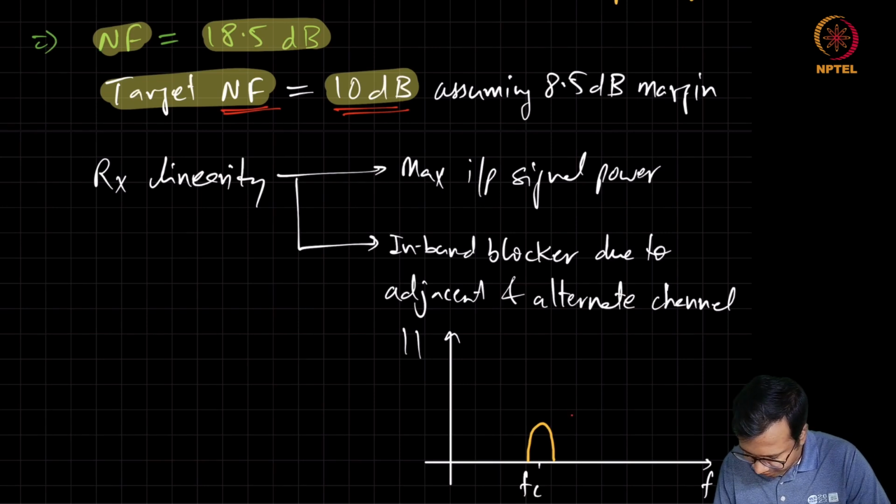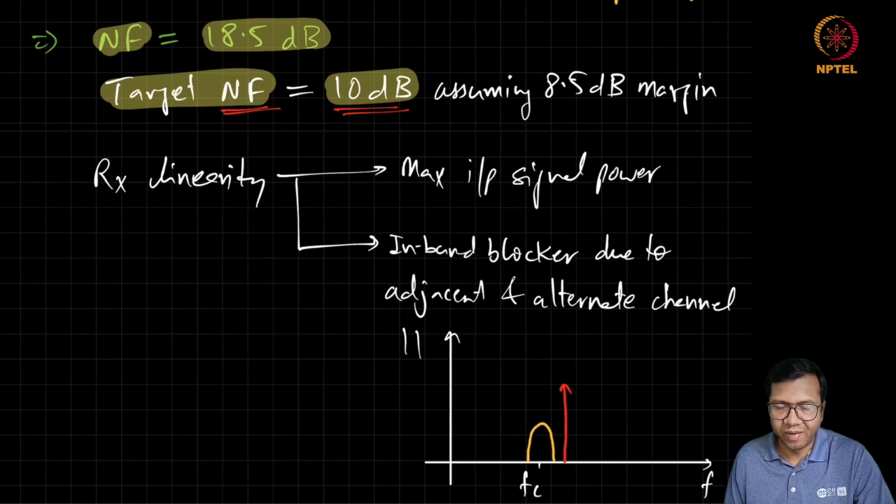Now the standard says that we need to handle signal in the adjacent channel, which is going to be 16 dB higher than the channel power. And this specification we have to meet when the channel power is just 3 dB above the sensitivity value.